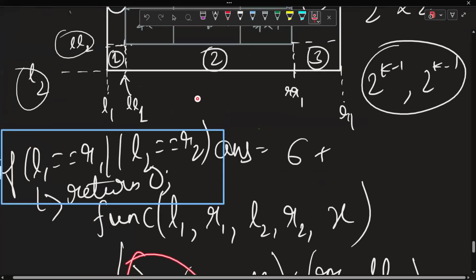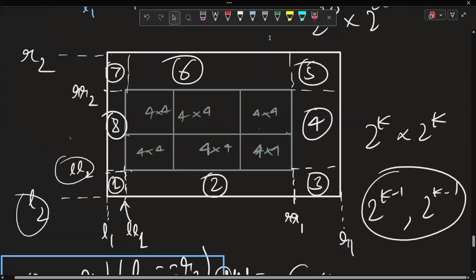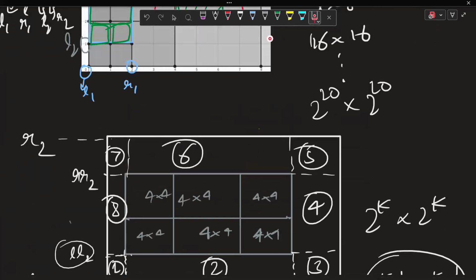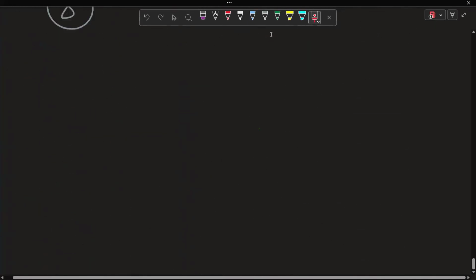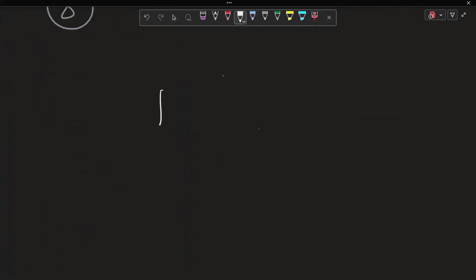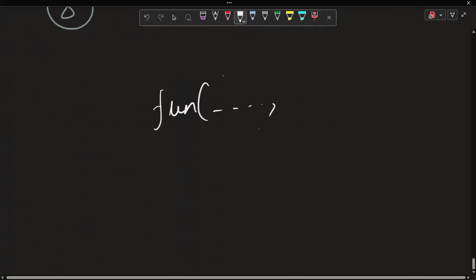So this way, if I recursively call my function, at max, how many recursions would it go? At max, I would start with x equal to 2^20. Okay, so if I try to compute the time complexity, at max, I'll call the function for x equal to 2^20.